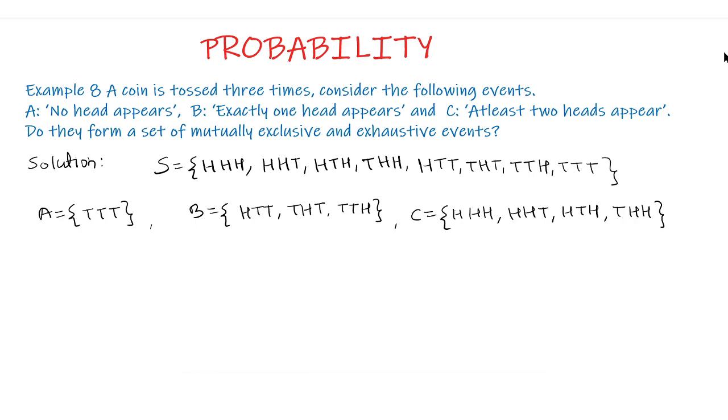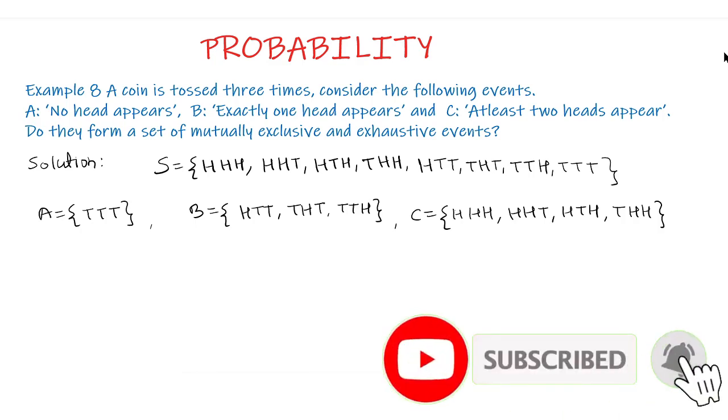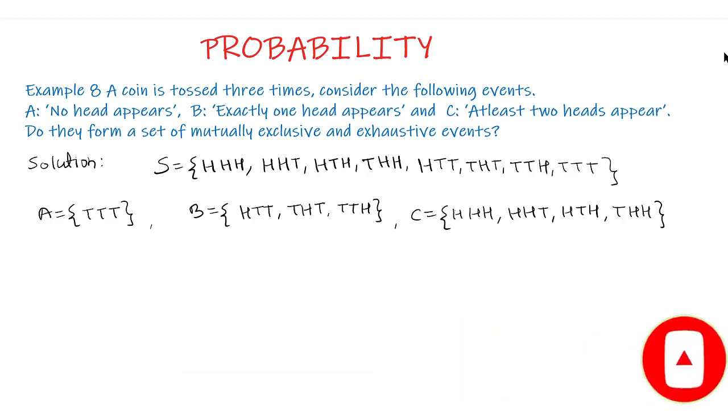So these are the elements in event C. Now we find whether the sets are mutually exclusive or not. So A intersection B, there is no common element between event A and B. So A intersection B is phi.